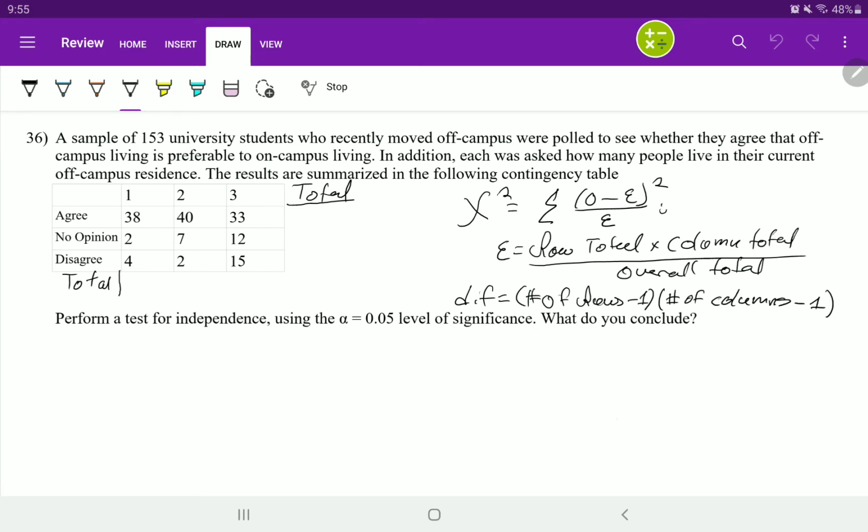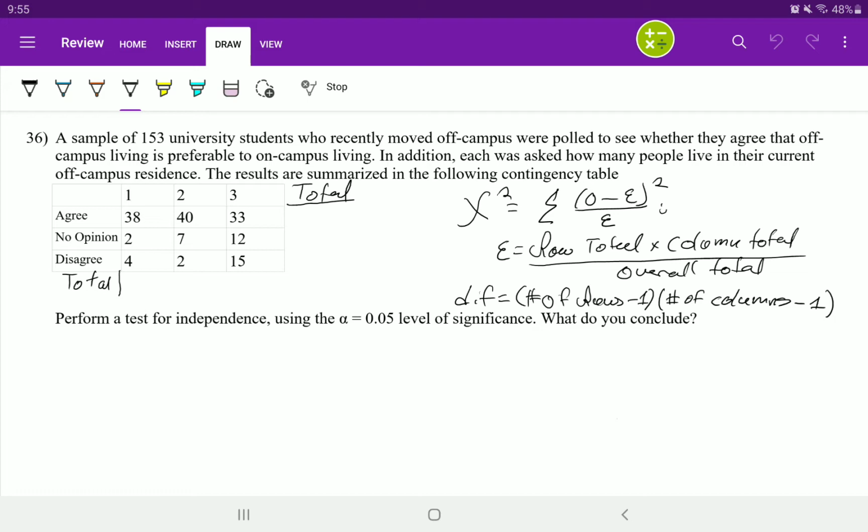So, doing it again. A sample of 153 university students who recently moved off campus were polled to see whether they agree that off-campus living is preferable to on-campus living. In addition, each was asked how many people live in their current off-campus residence. The results summarize the following contingency table.